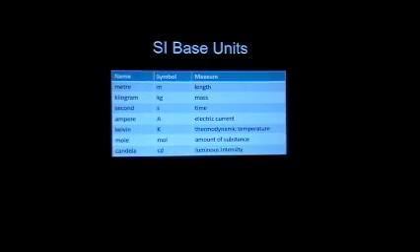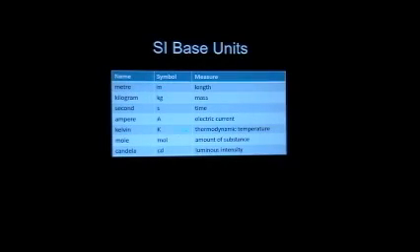So we've actually only really got 7 units to work with. With these 7 units that you see here, you can pretty well describe the universe. Everything that we know, without mathematical equations and all that, but in terms of physical properties, this is everything. Right? So running down the list, we have meters.